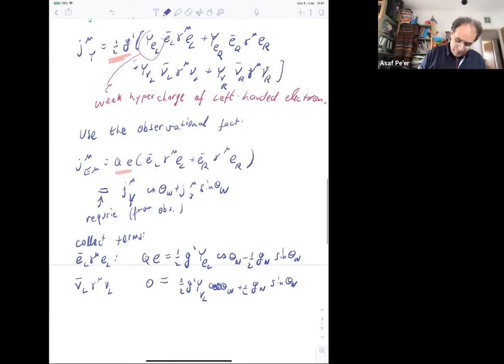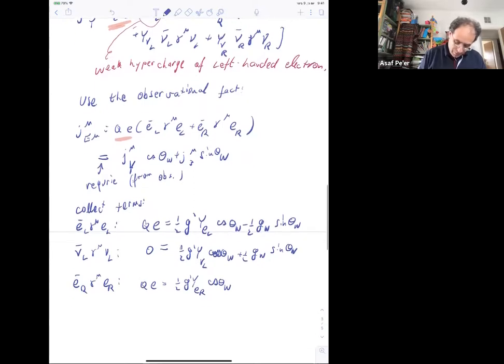For the right-handed particles, again, we have QE, and that's just 1/2 G prime Y E R cosine theta weak. And for the right-handed neutrinos, we get a 0, which is 1/2 G prime Y neutrino R cosine theta weak.